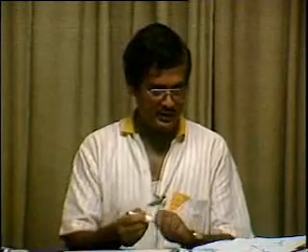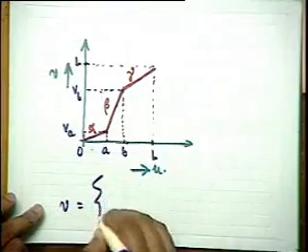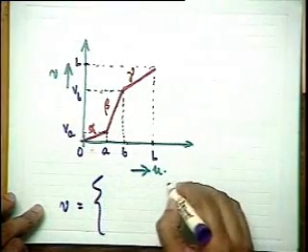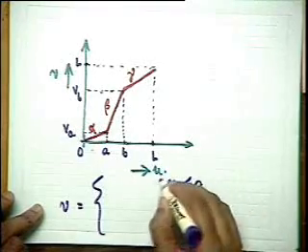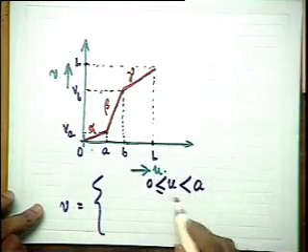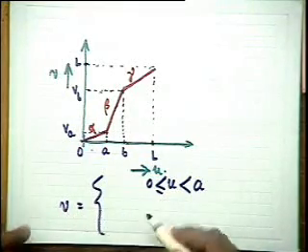Now, mathematically, the transfer function can be defined like this. If V is the output intensity, you can help me in formulating the transfer function mathematically. When I have U within the range 0 to A, what should be the relationship between V and U?